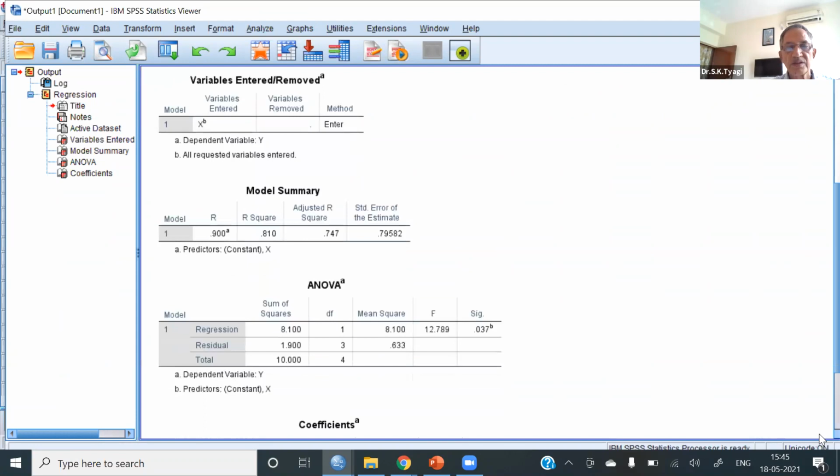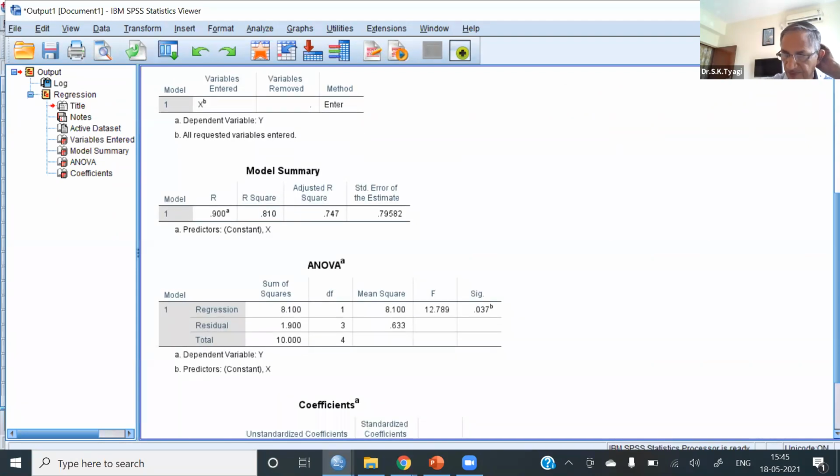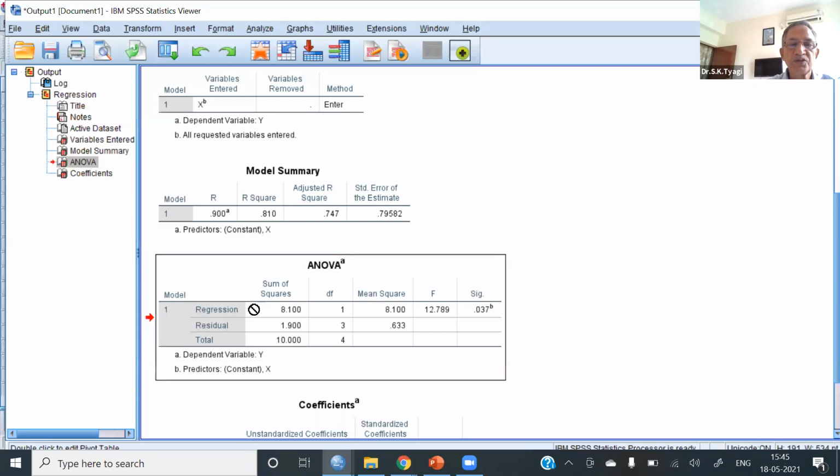See, now you can verify that up to this point we are correct. SS regression is 8.1, SS residual is 1.9, and total is 10. Degree of freedom is 1 for regression, 3 for residual or error, and 4 total.